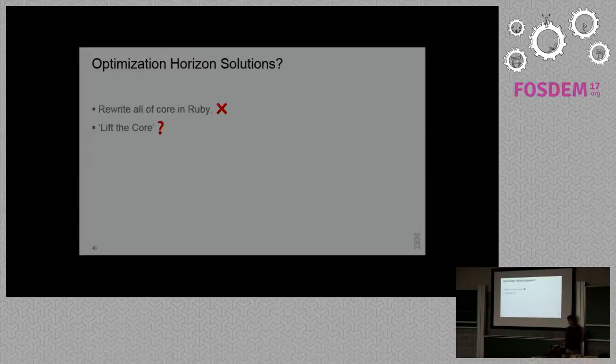In order to address that, Evan Phoenix came up with this wild and crazy idea of what he called lifting the core. The notion here was, well, LLVM has a JIT framework. LLVM also compiles C code.